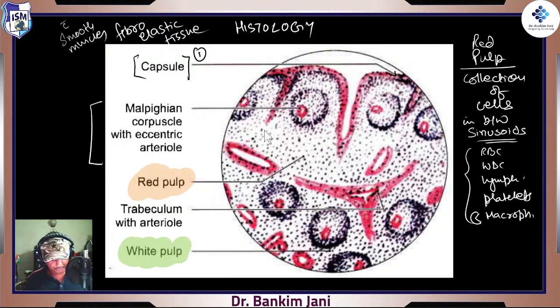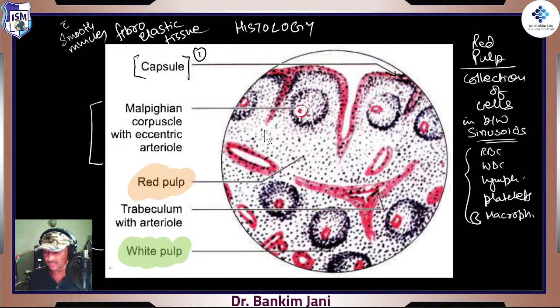What is white pulp? White pulp is the lymphatic nodules. All these Malpighian corpuscles with eccentric arteriole: here is the artery, and surrounding it are the lymphatic nodules. This entire thing is called the Malpighian corpuscle with eccentric arteriole.